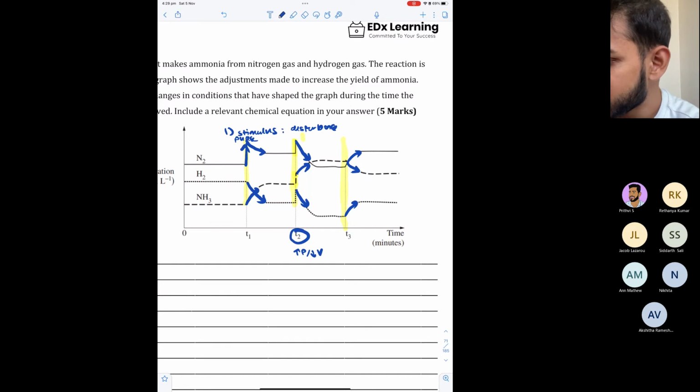That's the first phase. And the second phase, the counteraction phase, which I've shown you in blue, changes according to LCP.